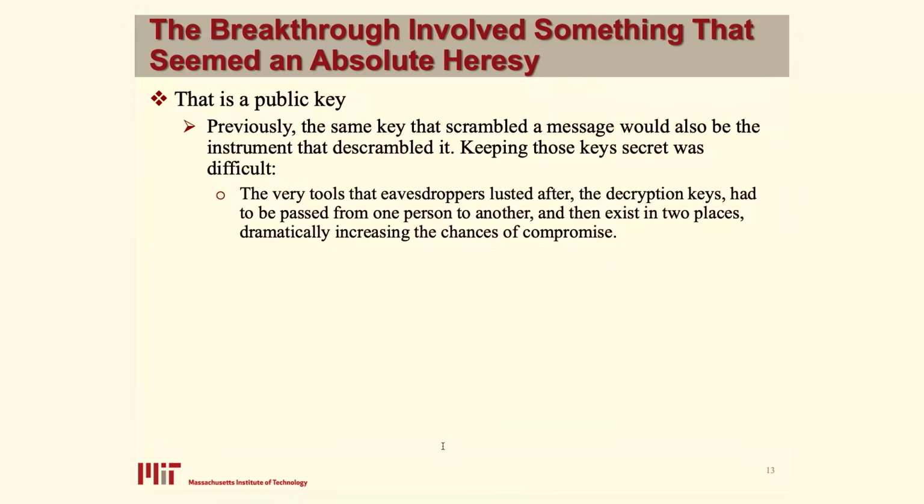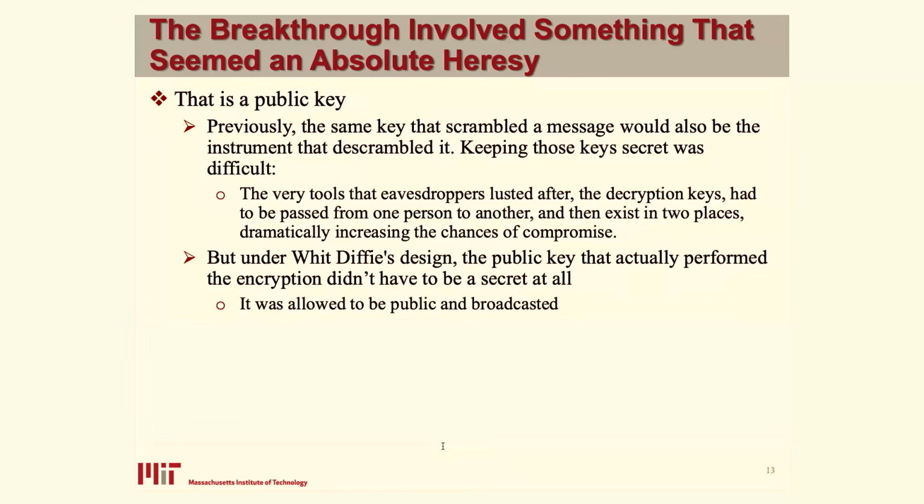But the breakthrough here is, I guess that's what it says here, the very tools that eavesdroppers lusted after, the decryption keys, were passed from person to person. They existed in two places, so it was very, very hard to basically keep them non-public. But under Diffie's design, this deciphering is done by the public key, and it is public. Everybody can know it. It's published, widely disseminated.